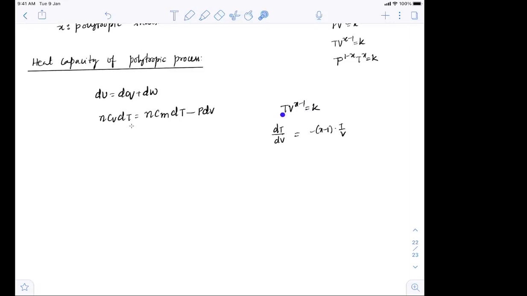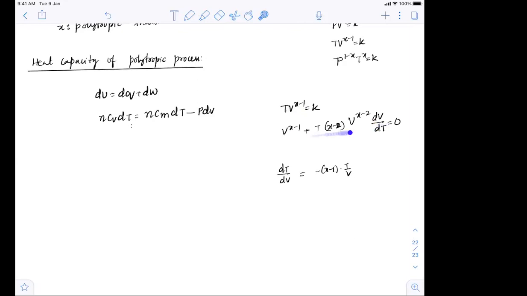If you differentiate, the first term is V raised to the power of x minus 1 plus T into (x minus 1) multiplied by V raised to the power of x minus 2 into dV by dT is equal to 0.